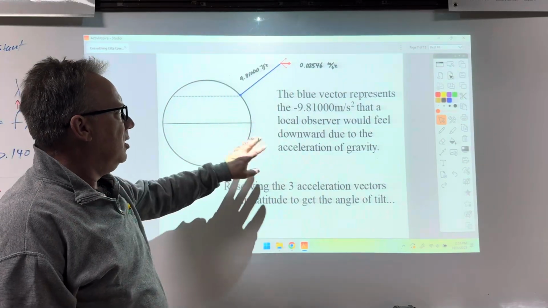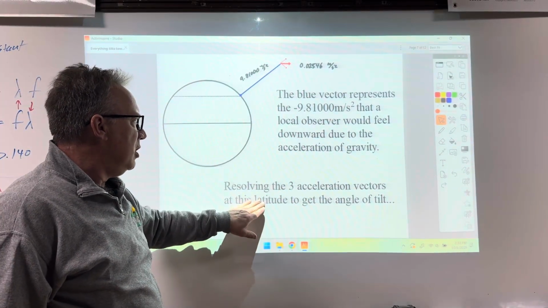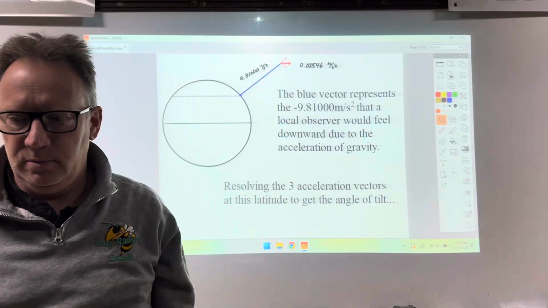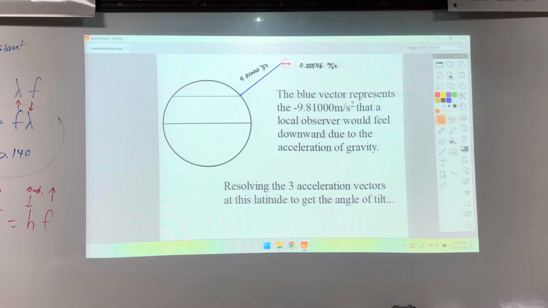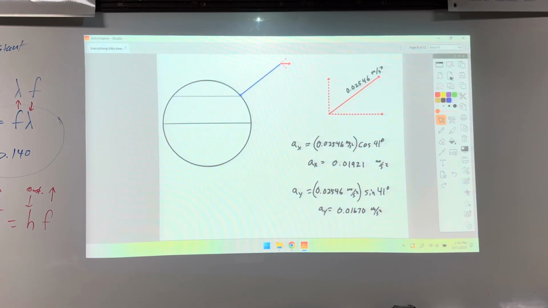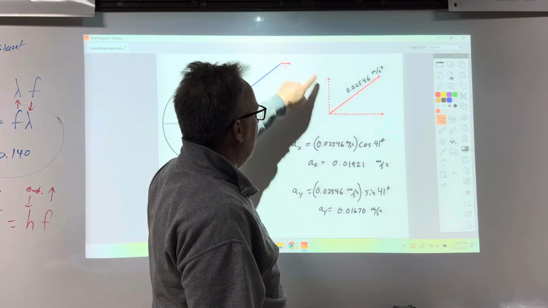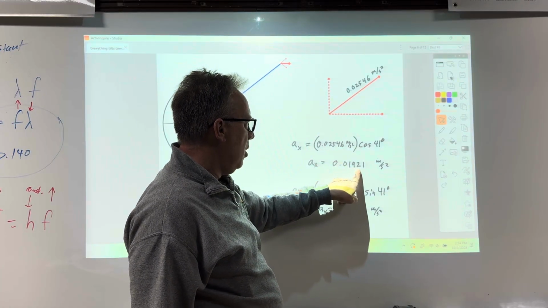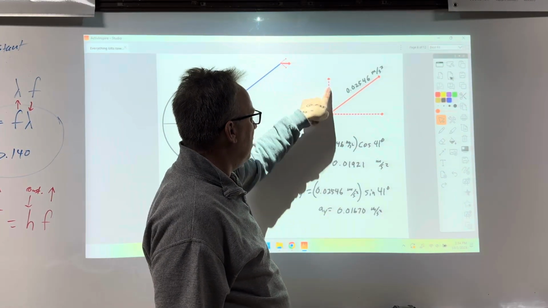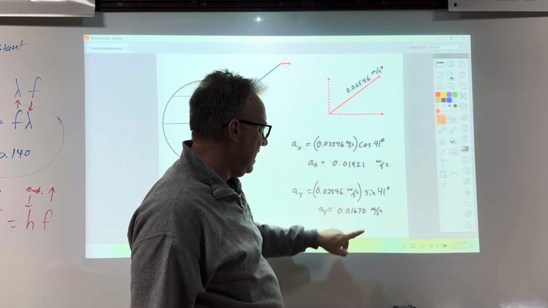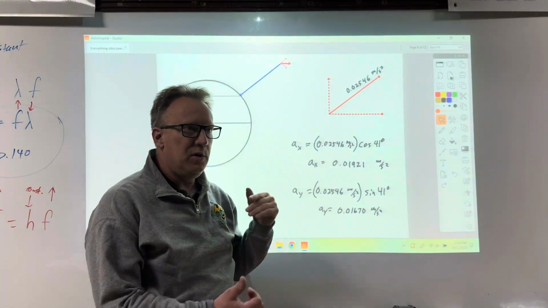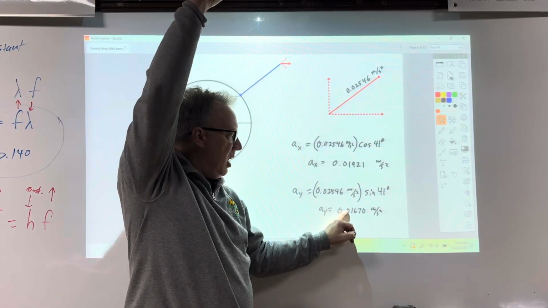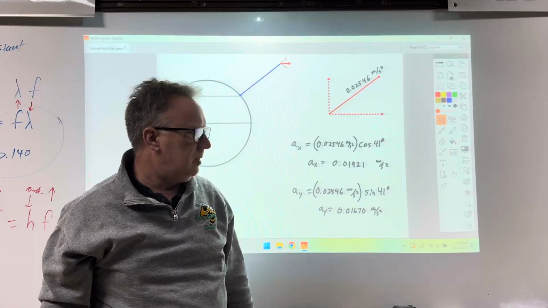So this blue vector is downward, and resolving this vector, this one, and this one gives us an angle of tilt. That guy has components this way of 0.01921 and a component this way of 0.01670. If you're doing centrifugal, this would subtract off the 9.81, or if you wish this is positive, 9.81 is negative.